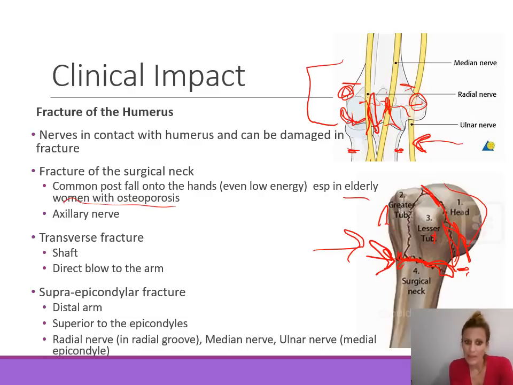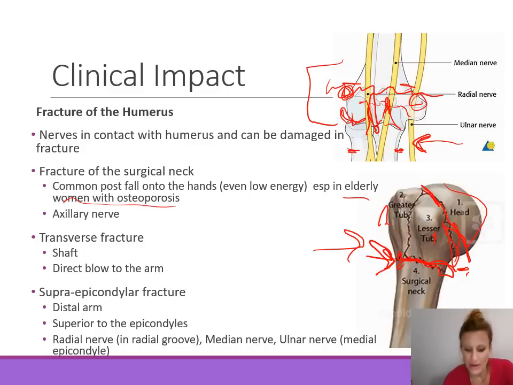A supraepicondylar fracture, again, is a fracture that occurs just over the epicondyles, so just around this region here. This is, again, in the distal arm right near the elbow. These can be on the ulnar side or on the radial side.